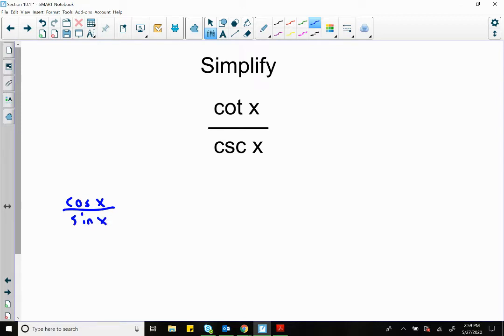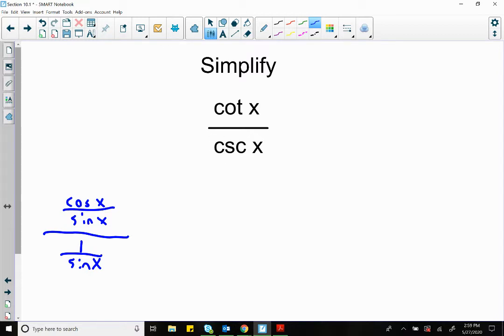So right there, I exchanged cotangent for sines and cosines. And cotangent is made up of cosine over sine. Down at the bottom, we know that cosecant is 1 over sine. So I turned this into sines and cosines.